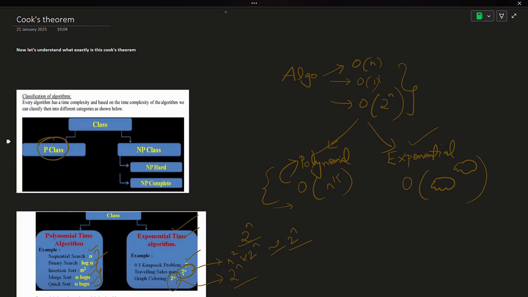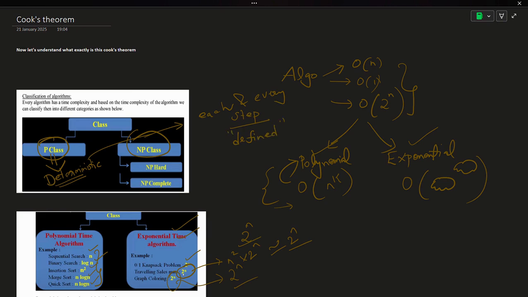One is P class, the other is NP class. What exactly do we mean by P class? P class consists of the set of all deterministic algorithms which run in polynomial time. I have used a word called deterministic. What does it exactly mean? Deterministic algorithm is that you know each and every step in the algorithm, and each and every step is properly defined.